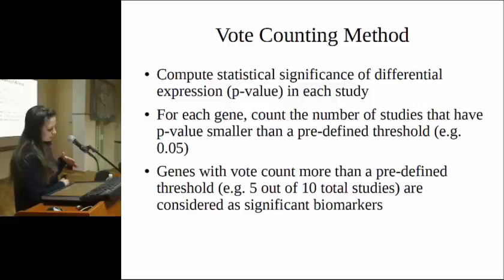And then, for example, we have 10 different studies. Doesn't matter whether from articles or from your own analysis. So we just simply count how many times we find a particular gene in each of these lists. And for example, we establish some threshold: 5 out of 10 times I should find this gene in the list, and if I do, I will consider this gene as differentially expressed.